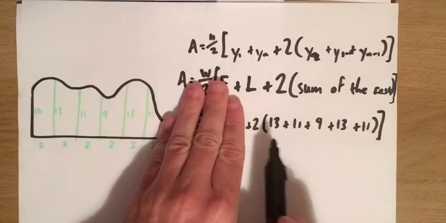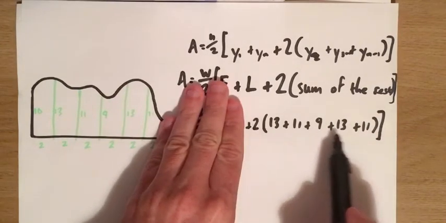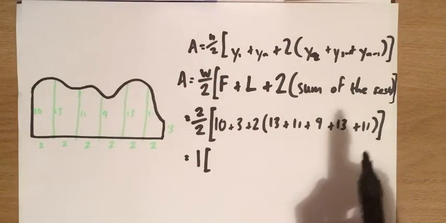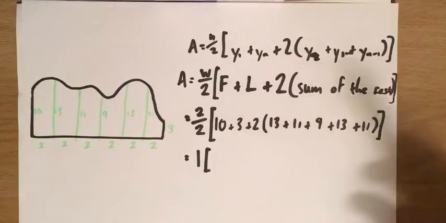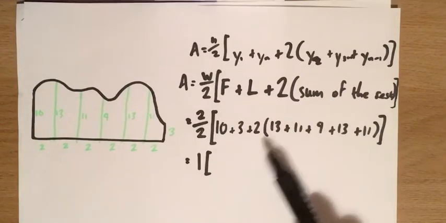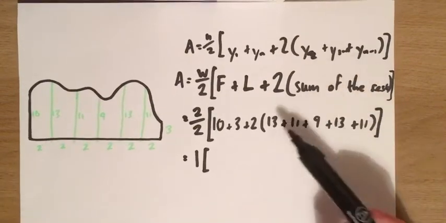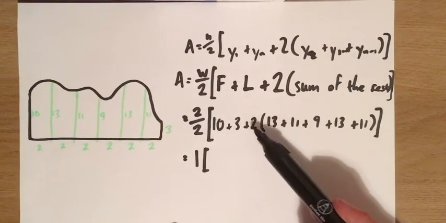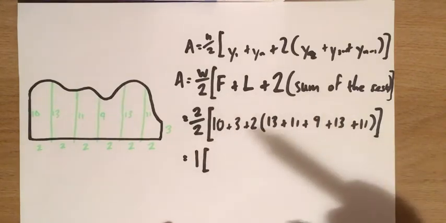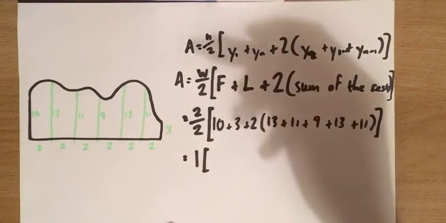So you need to do the 2 times all of this before you add it on to the 10 and the 3. So a big mistake people make here is go 10 plus 3 plus 2 is 15 multiplied by all of those. You need to multiply 2 by whatever this adds to, and then add it on to the 10 and the 3. So just be careful with that.